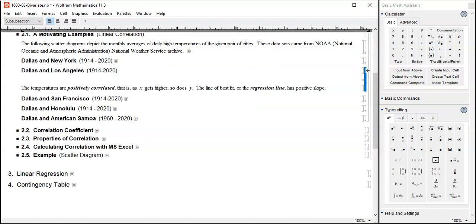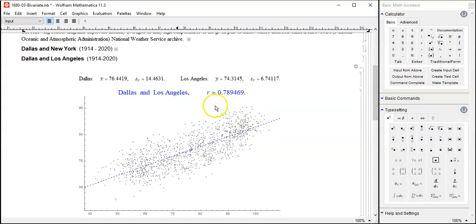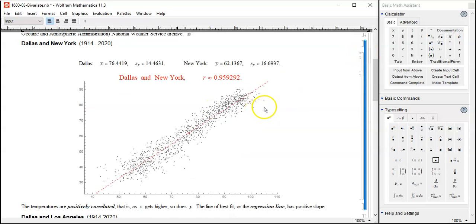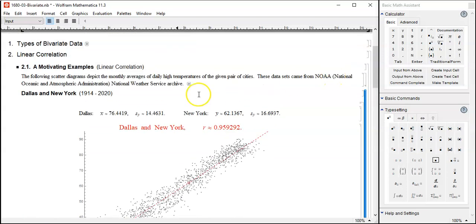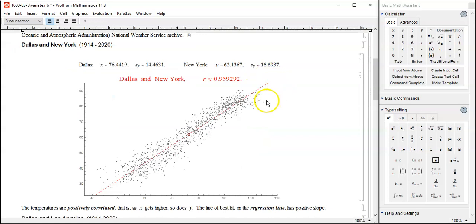Here's another example, Dallas and Los Angeles. Oh, by the way, here, each dot represents a month. Each dot represents 1 month because we are looking at monthly averages of daily high temperature, not daily data. If you have daily data, then we have much bigger swing.